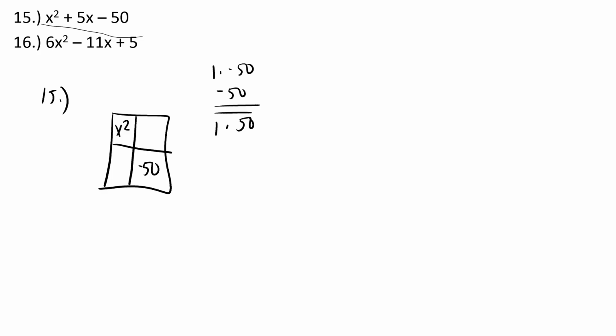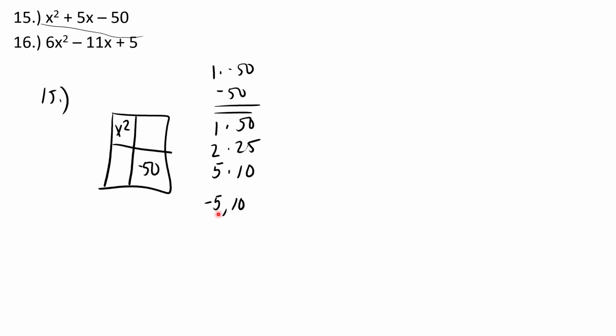1 times 50, I can get a 51 or 49. 2 times 25, I can get a 27 or a 23, but I'm looking for a 5. 3 is not a factor because 5 plus 0 is not divisible by 3. 4 is not a factor because when I divided it by 2, I got an odd number. 5 is, though, because it ends in a 0, and I would get 5 times 10, and I can get a 5 from that if the 5 is negative and the 10 is positive.